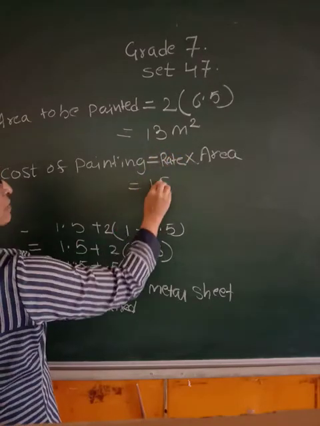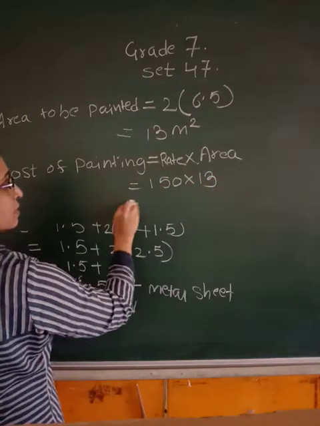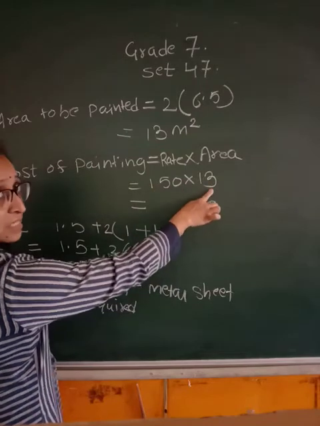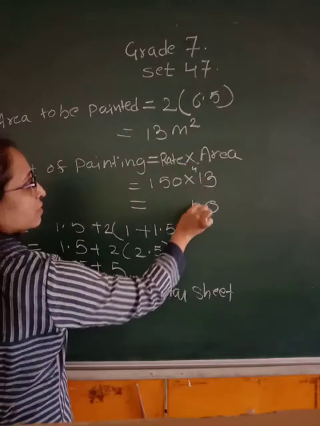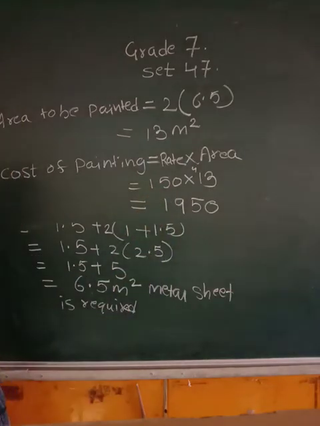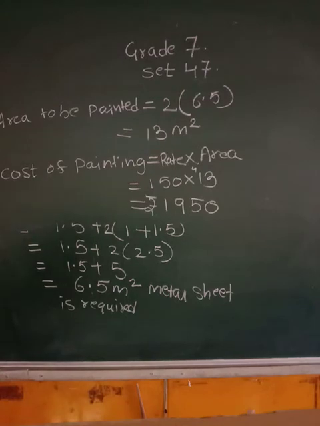So the rate is 150 into area 13. Are you understanding me? So 0 will remain here. 15 3s are 45, 15 1s are 15 plus 4 is 19. Got it? So rupees 1950 will be required to paint.